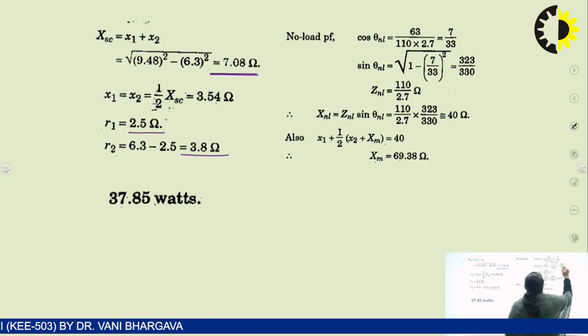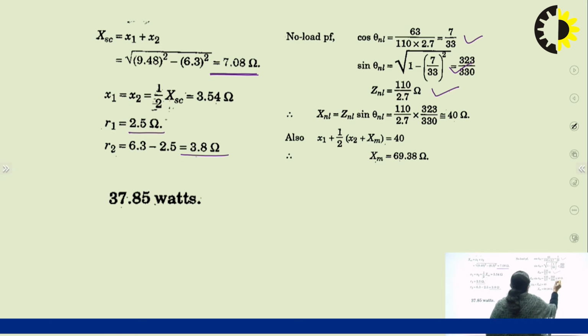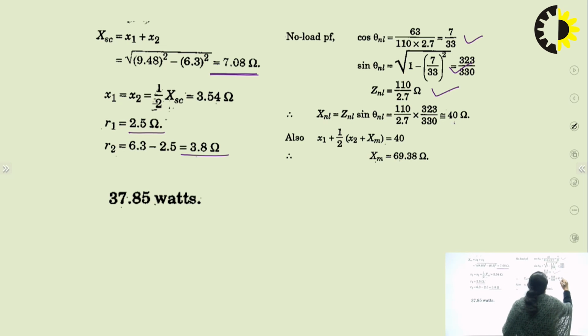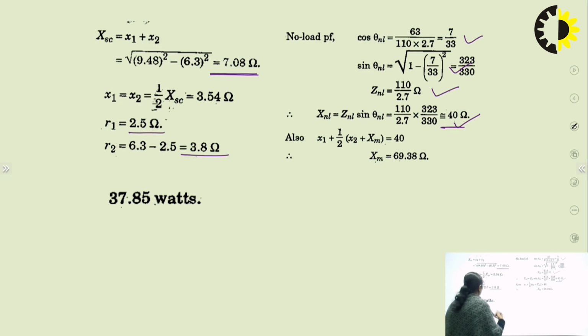So, from here, let me give you the values. The cos theta NL is calculated, sin theta NL is calculated, ZNL is calculated. Knowing ZNL and sin theta NL using the previous equation, I can write down the value of XNL as 40 ohm, right? Knowing the value of XNL as 40 ohm, I can solve this equation.